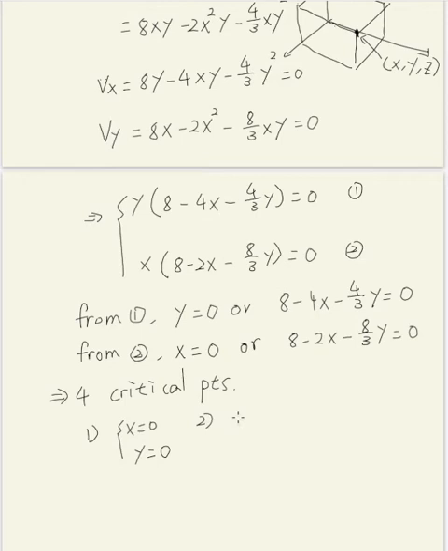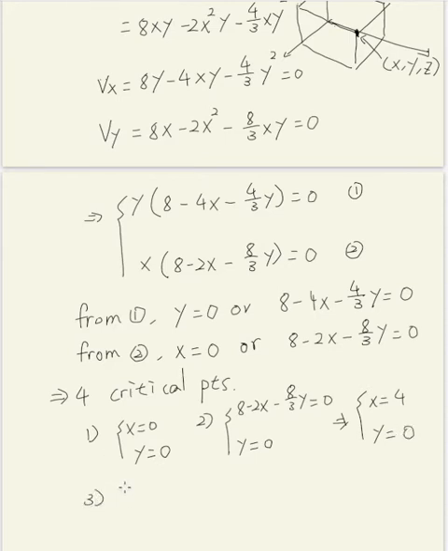And the second one is y equals 0 and 8 minus 2x minus 8 over 3 y equals 0. So we're choosing this and this. If you plug in y equals 0, you will get x equals 4. So x equals 4, y equals 0.